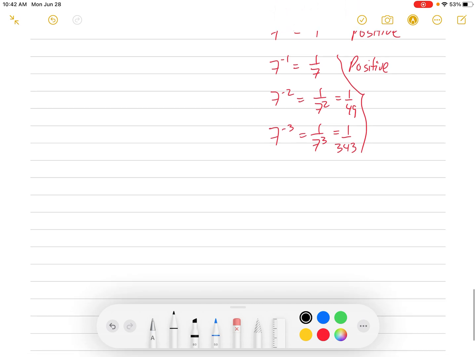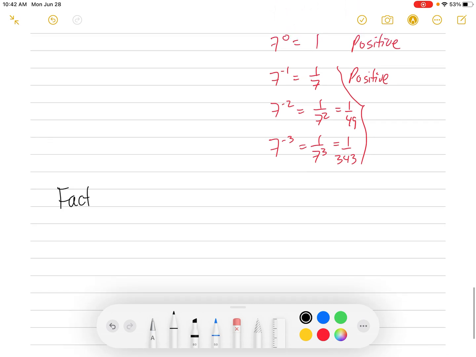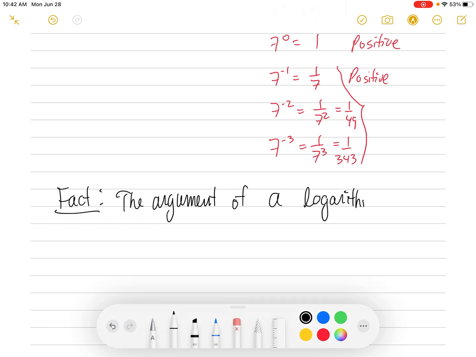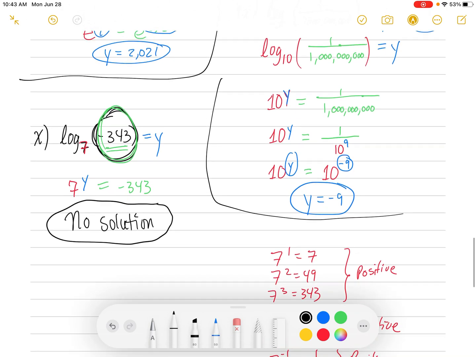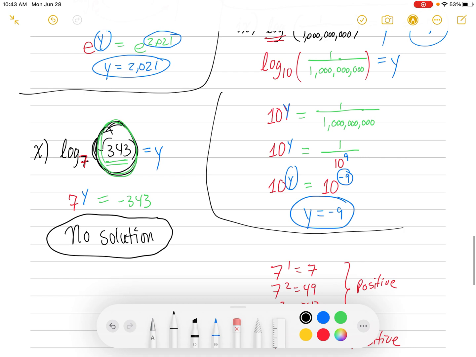So the key here is that what's inside of the argument, what's in green here, always has to be positive. So here's an important fact. The argument of a logarithm, which we sometimes just call a log, I'll say a logarithmic function, must be positive.